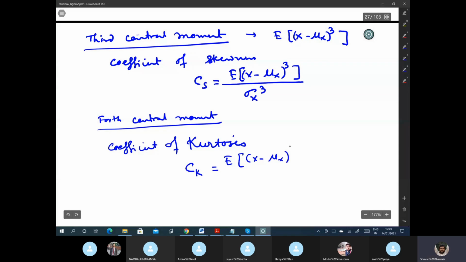Okay, so now can anybody tell me what is the physical meaning of skewness or kurtosis? It can be negative. If it is positive, how will the PDF, the density function, look? If it is negative, how will it look?